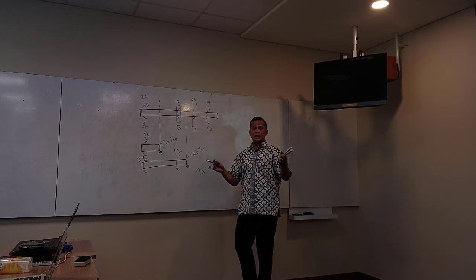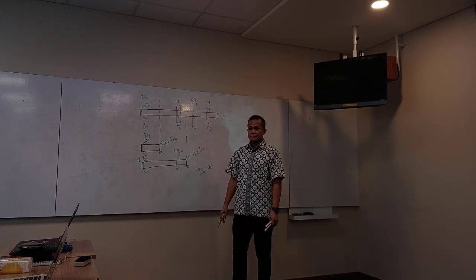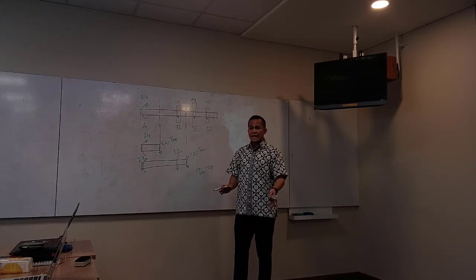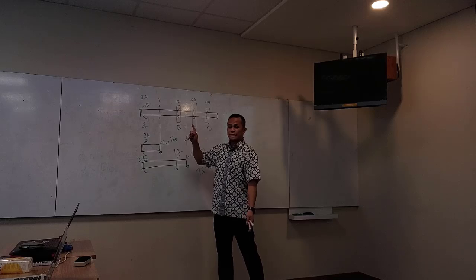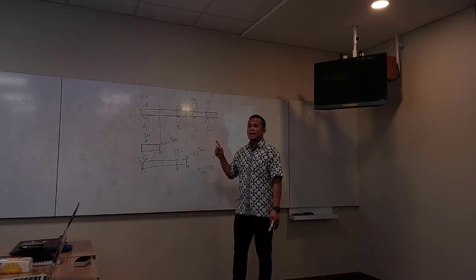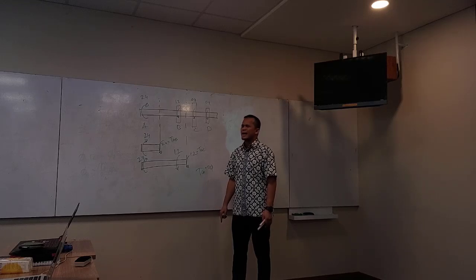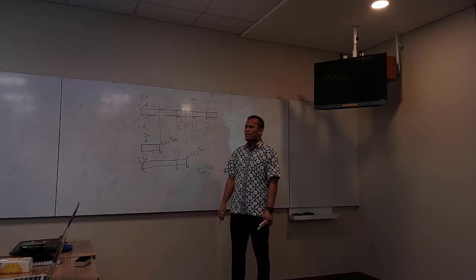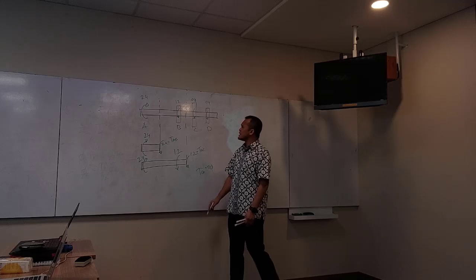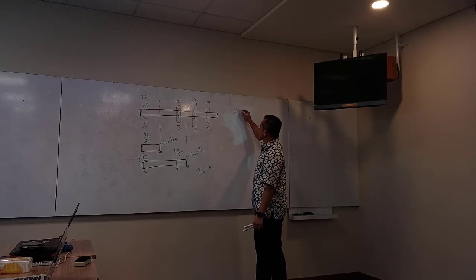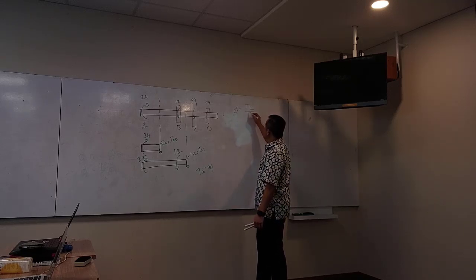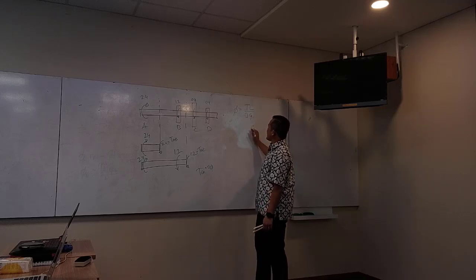My question was, if you compare the twisting angle of section AB, BC, and CD, which one will give you the largest twisting angle? AB. Why? TL over JG. L the same, J the same, G the same. T is the largest.